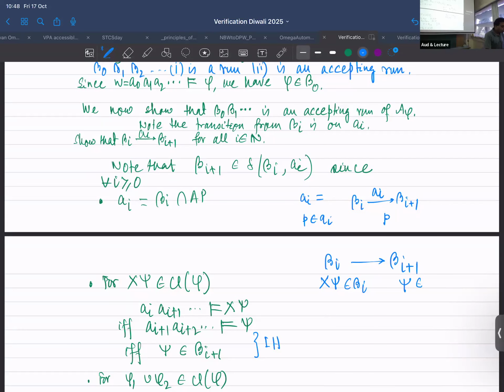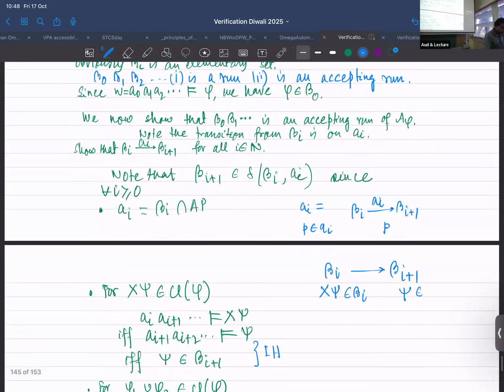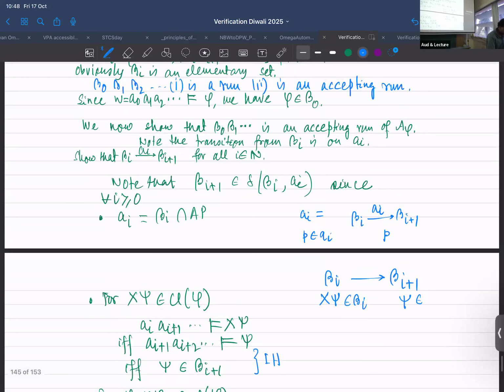Okay, how have we constructed this beta I plus 1? It's essentially the set of all such subformulas which are satisfied by AI, starting from ai plus 1.